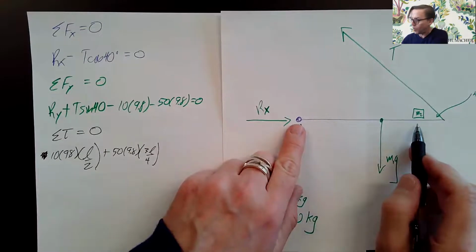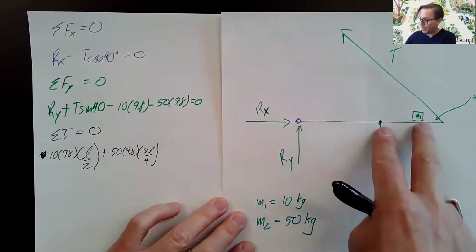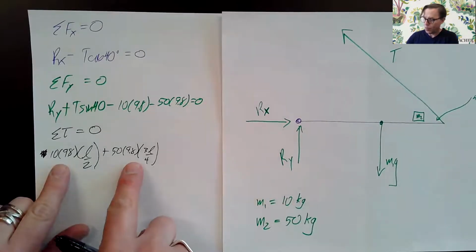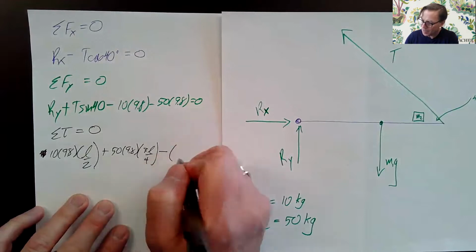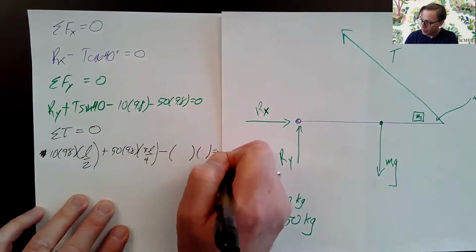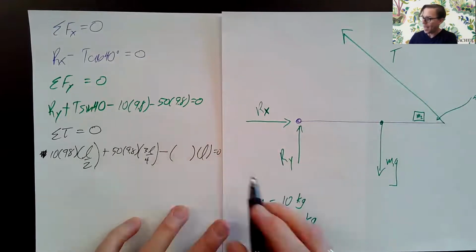This is 3/4 of L. These two make it spin clockwise, and so I made those one sign. This makes it spin counterclockwise, so I'm going to say minus force times distance equals 0. The distance is the whole length L.